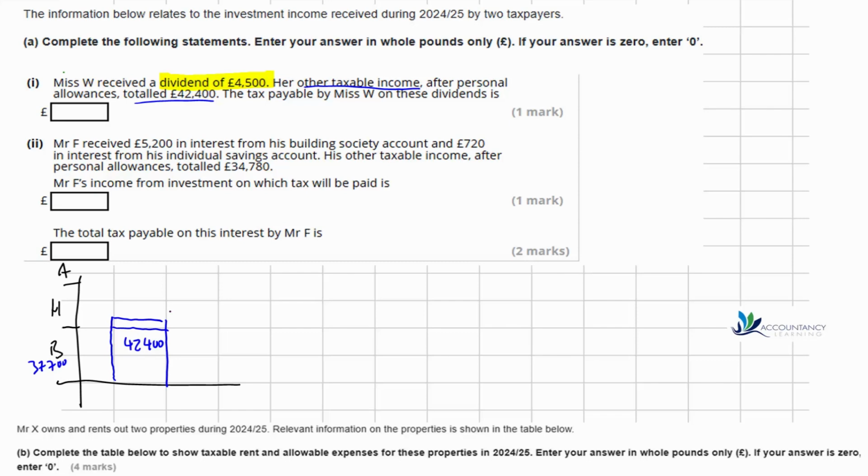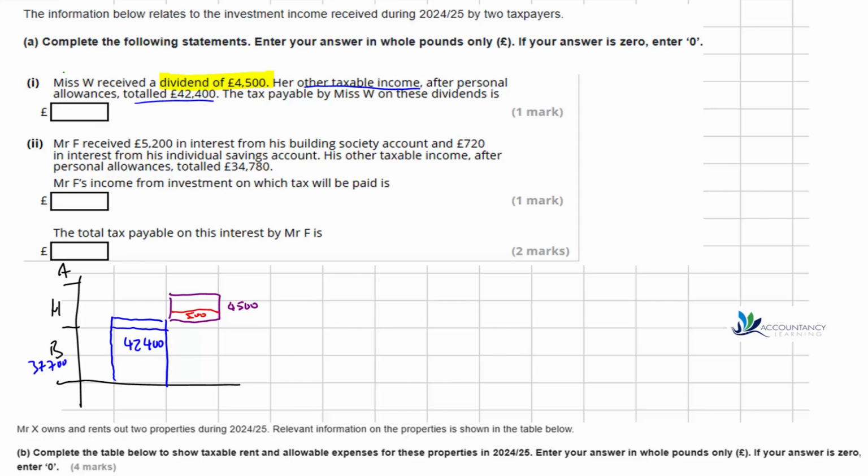And then on top of that we have our dividend income, so we've got 4,500 of dividend income. But remember that 500 of this is part of our allowance and would be taxed at 0%.